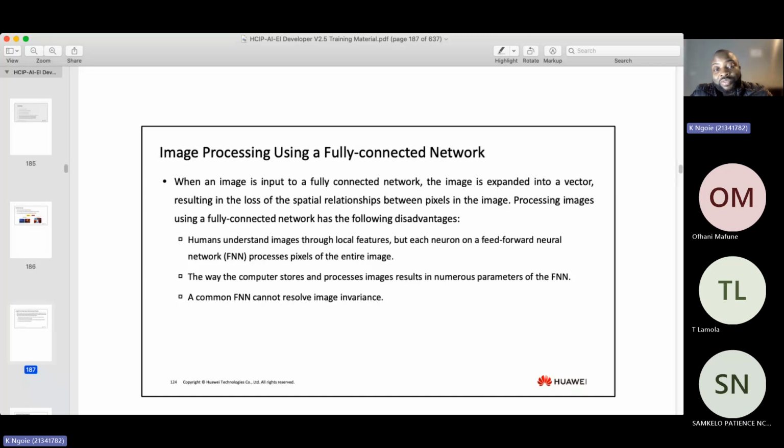So pixels for the whole image, right? So the way the computer will store and process images will result in a lot of parameters, okay? So a common feed-forward neural network cannot really resolve image invariance.